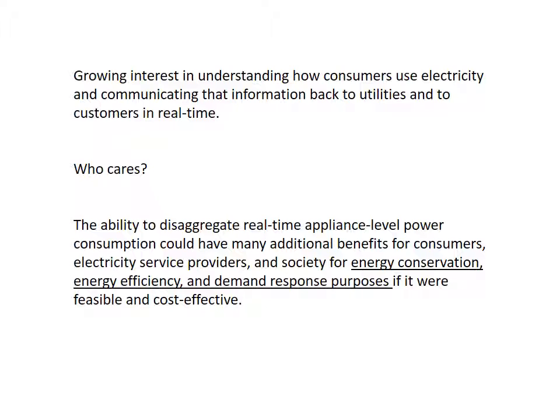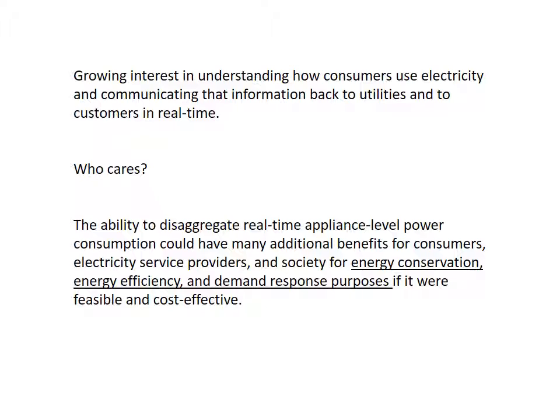So in recent years, there's been a growing interest in understanding how consumers use electricity and then being able to communicate that information in real time back to utilities. And so why? Who cares? The ability to disaggregate real-time appliance level consumption data could have a lot of benefits.